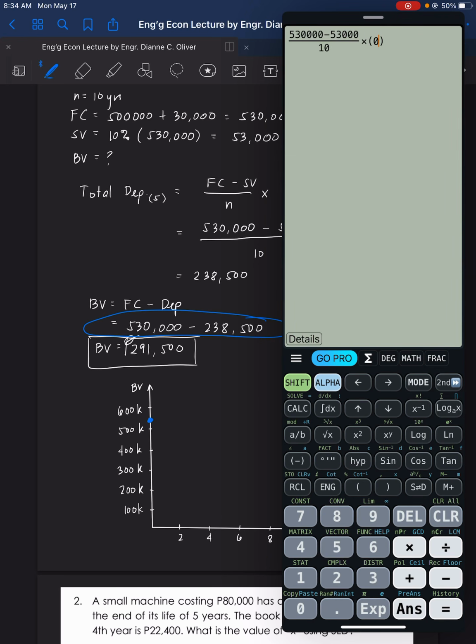How about at the first year? That is 47,700. So 530,000 minus the answer, 47,700, is equal to 482,300. But if we take the second year, since we are using here the second year.